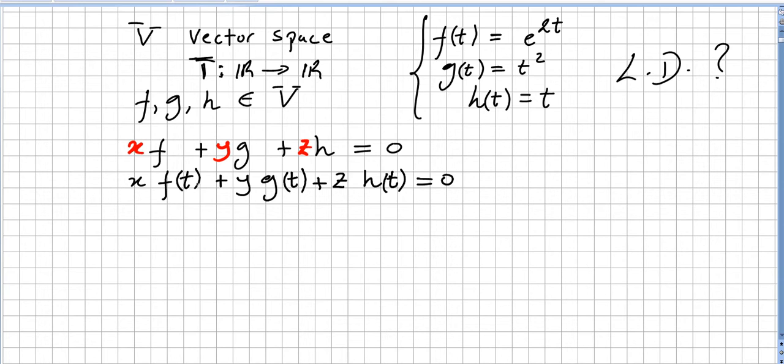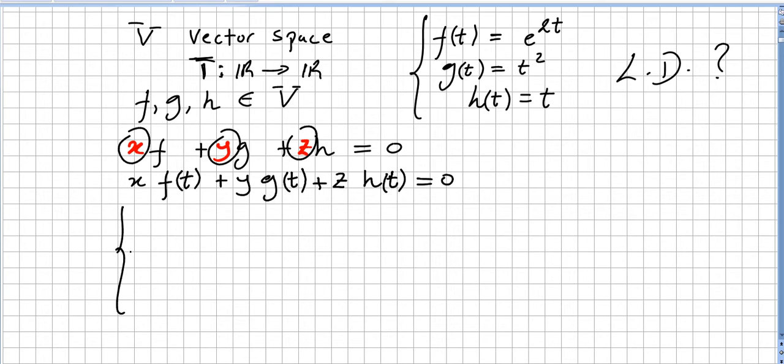Now I replace t for a couple of values and I check if this is true. We have three functions and we have three scalars, right?